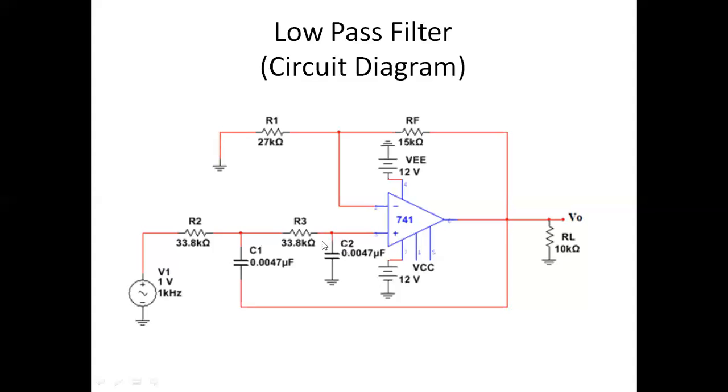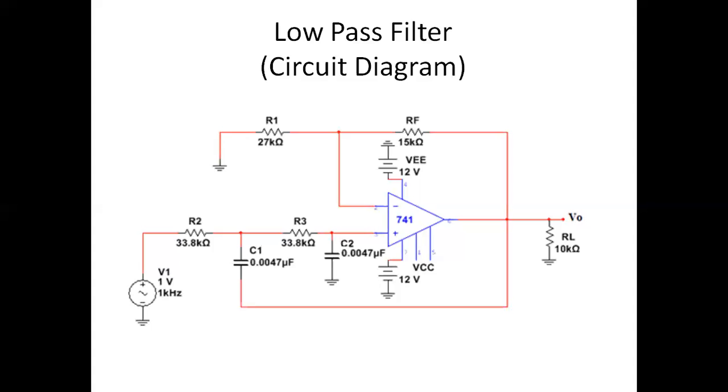And the signal always tries to move through a path where the resistance or impedance offered is less. So the reactance offered by this capacitor C2 is very high compared to the impedance offered by the op-amp. So the signal, instead of passing through the capacitor, is going to be selected and pass to the op-amp.